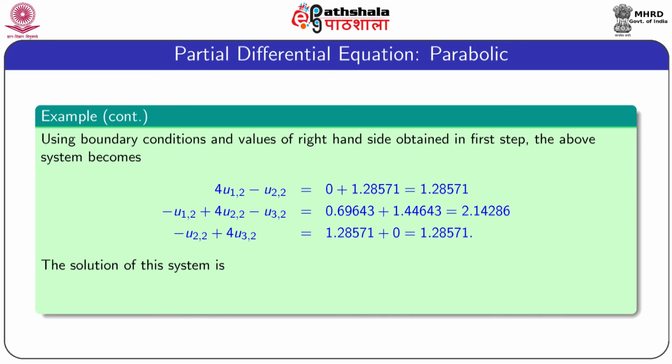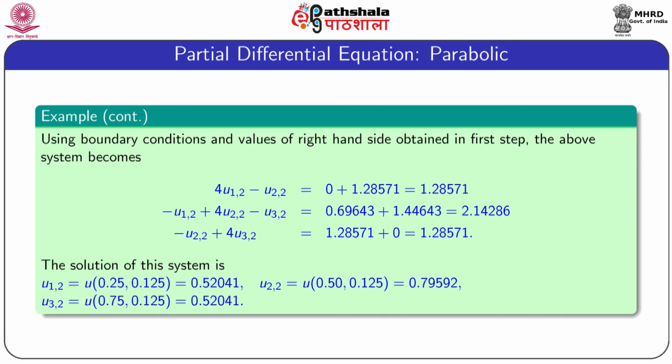The solution of this system of equations is u12 equal to 0.52041, u22 equal to 0.79592, u32 equal to 0.52041. So, these are the values of u at the mesh points D, E, F. That means the Crank-Nicholson method is used to solve for the values of u at the mesh points A, B, C, and in the second step we have determined the values of u at the mesh points D, E, F.